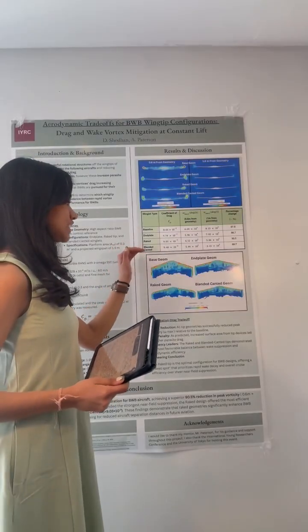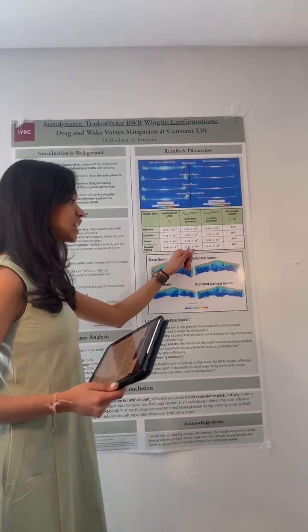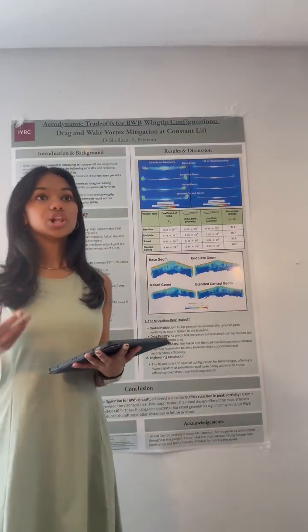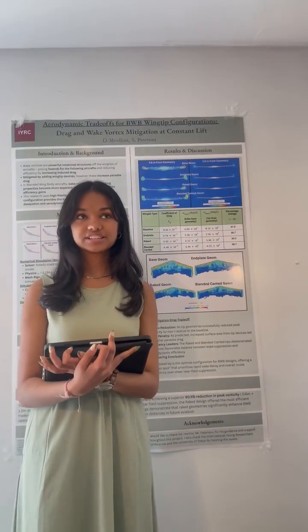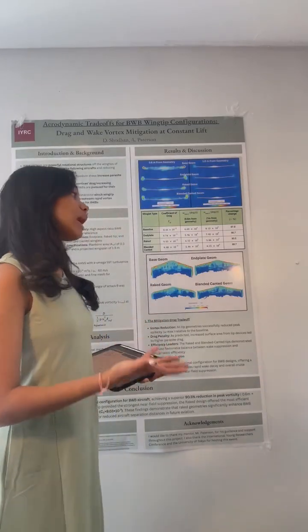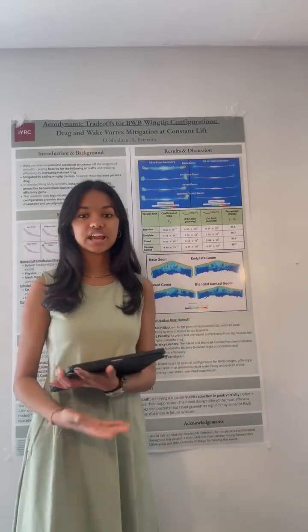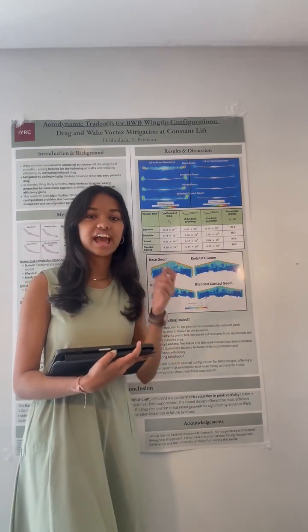Where the blended canted winglet excelled is near field suppression of the wake vortex, where it achieved the lowest peak vorticity at 0.6 meters from the plane. However, the percentage change between these two was 88.7%, which is still not that ideal.